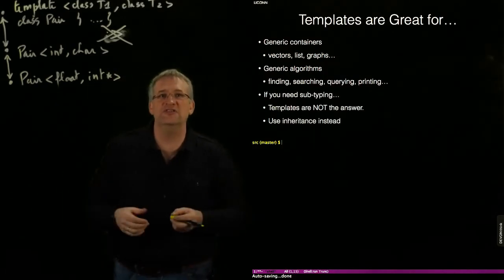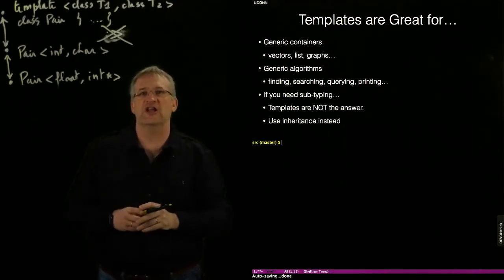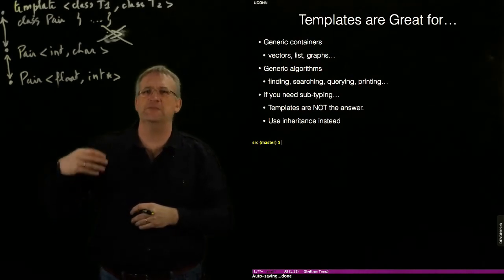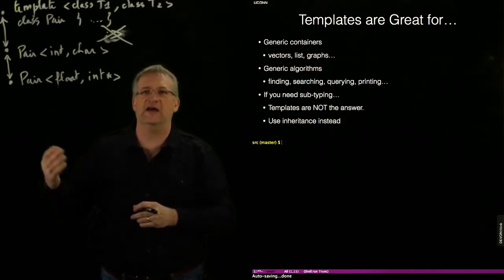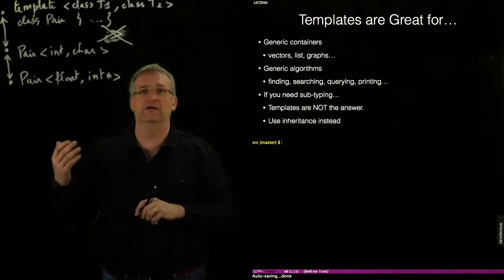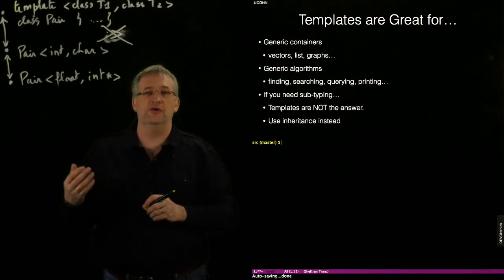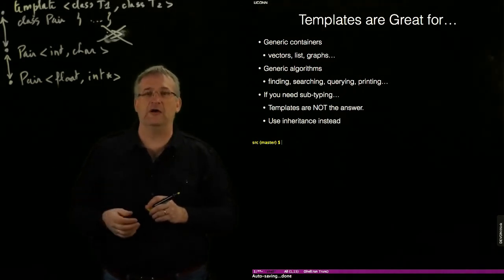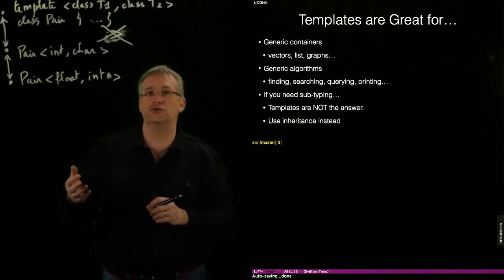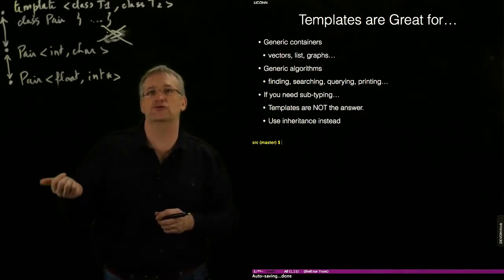So where do you use templates? Well, typically you use them each time you talk about generic containers like vectors, lists, graphs, heaps, priority queues, any kind of queues. Think about it. These things, you want to have a list, a vector, an array, a graph of certain type. When you have a graph node, the node may contain attributes that are integers or strings, so that makes sense to be polymorphic with respect to the type of value you store in the node.